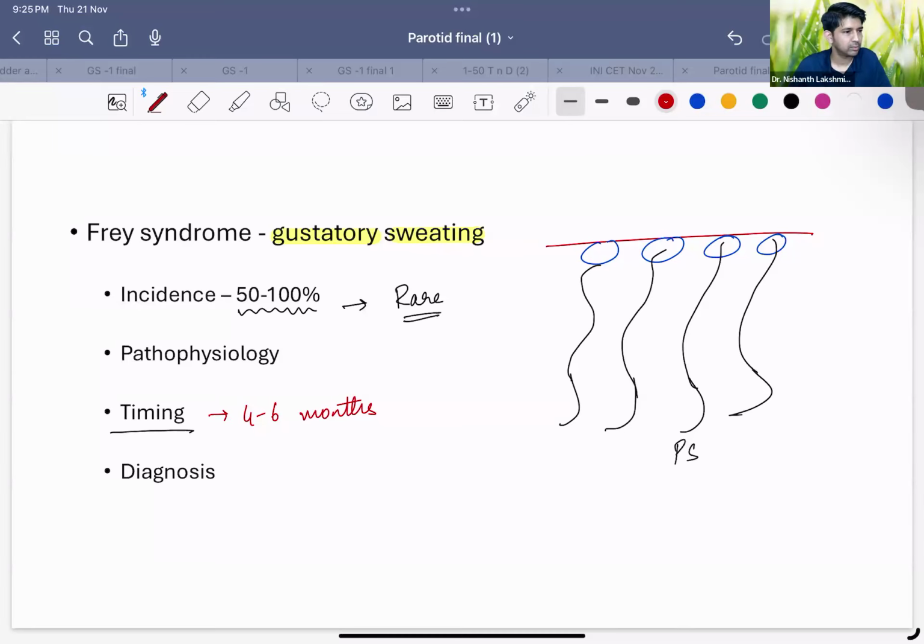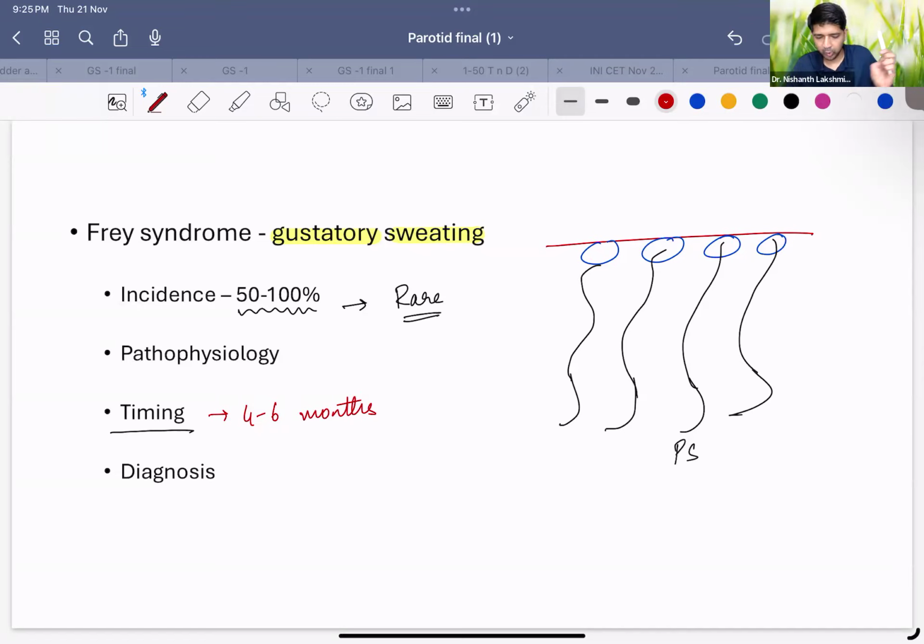So what is the nerve supply, which nerve supplies the parotid and through which it goes and all those things? Praveen, you are about to answer. Postganglionic parasympathetic nerve fibers of the auriculotemporal nerve, sir. Correct. Excellent answer.